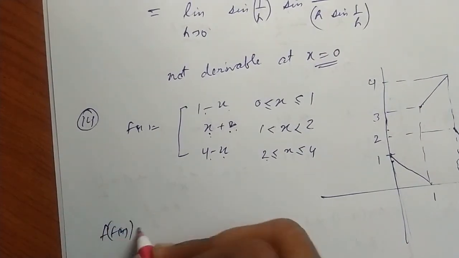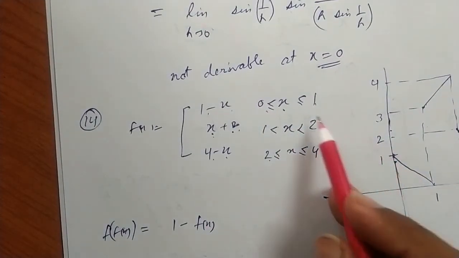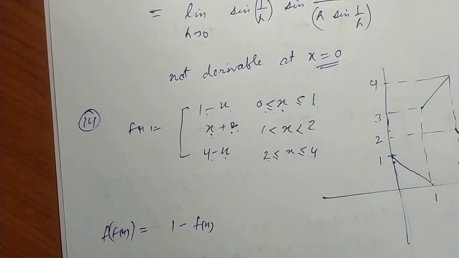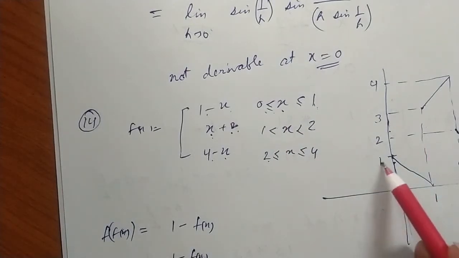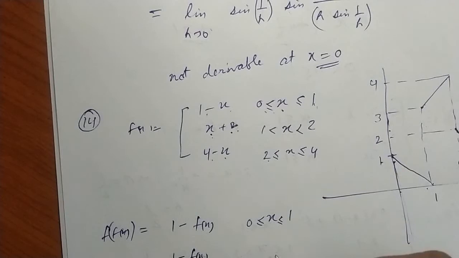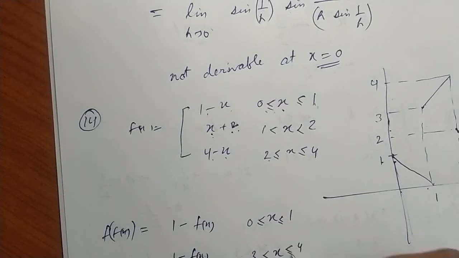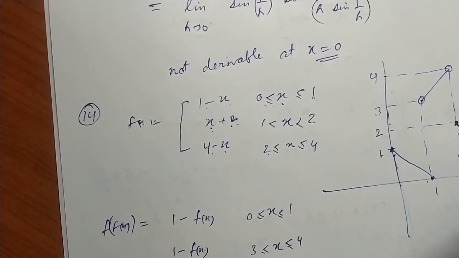So f of f of x would be equal to 1 minus f of x when f of x is between 0 and 1. So when f of x is between 0 and 1, x would be between 0 and 1 and 3 and 4. We have equality over here and an empty circle over here.